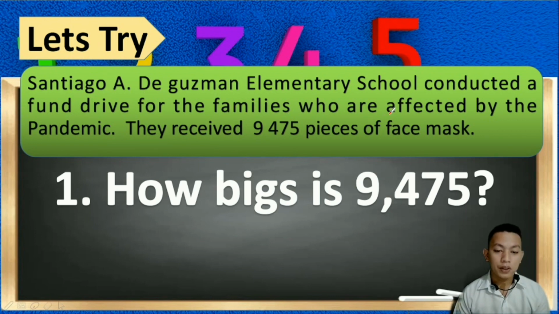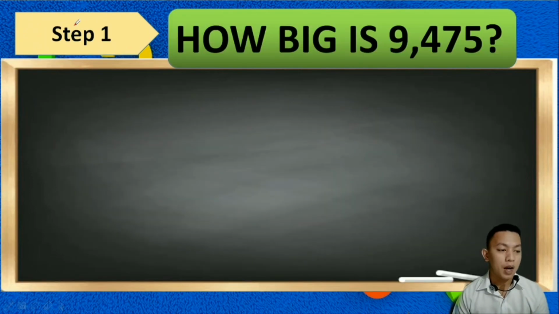Santiago A. de Guzman Elementary School conducted a fund drive for the families who are affected by the pandemic. They received 9,475 pieces of face mask. How big is 9,475? So we have to follow the steps.